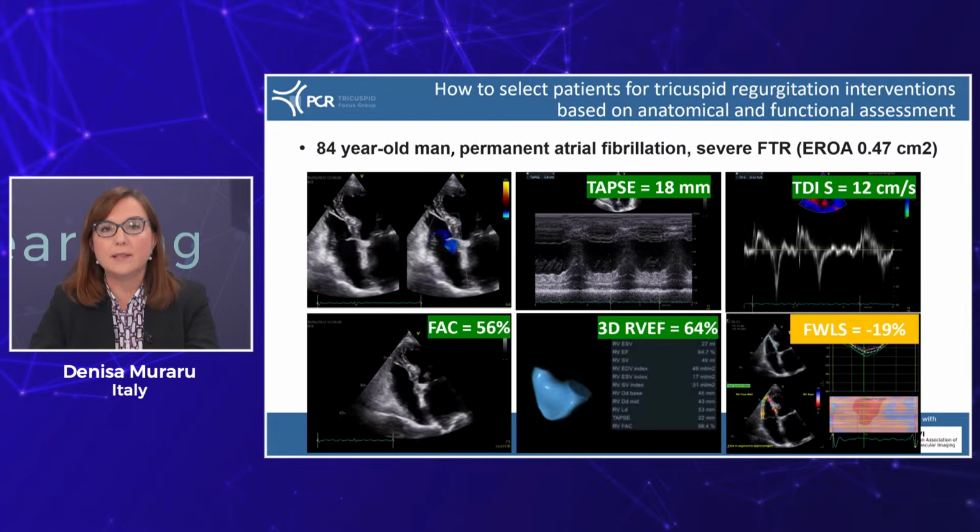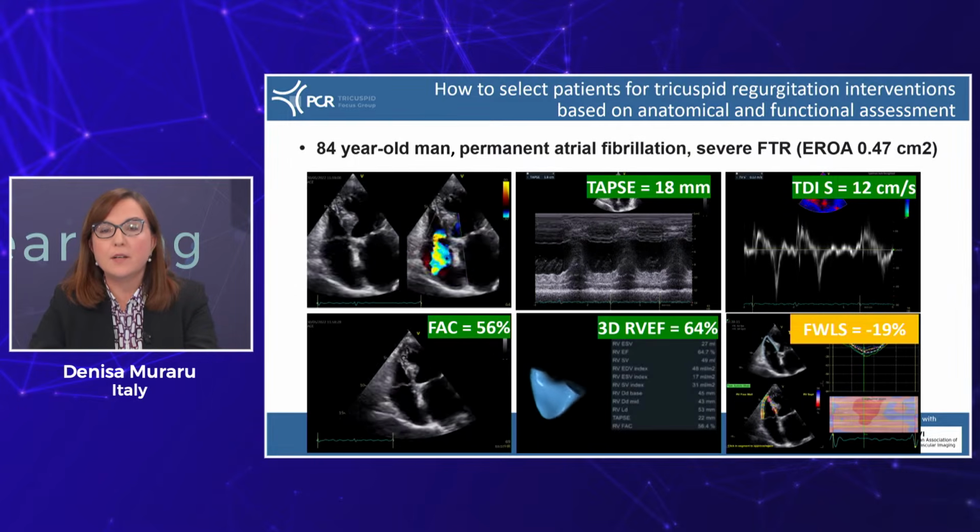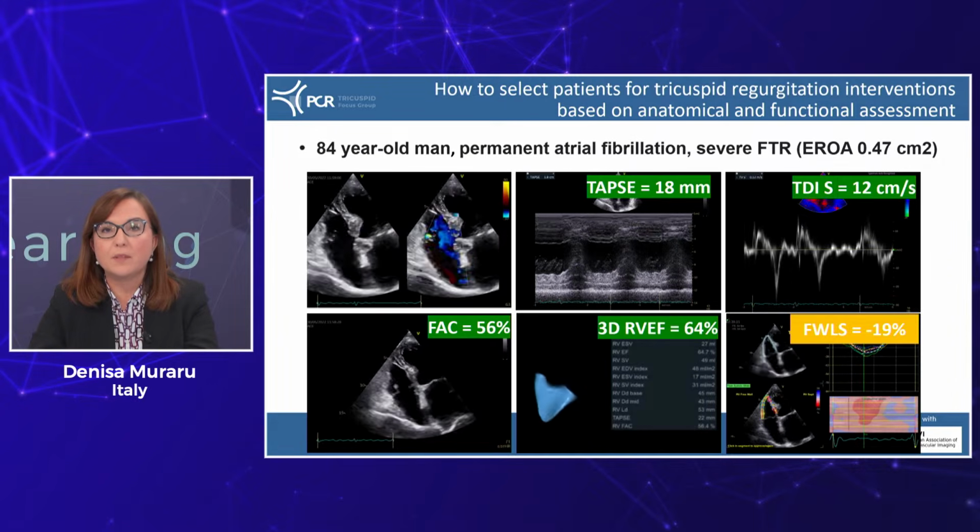This is an example of a patient, 84-year-old man with permanent atrial fibrillation, a severe secondary tricuspid regurgitation, in which you can see that the conventional parameters, but also 3D ejection fraction is normal.